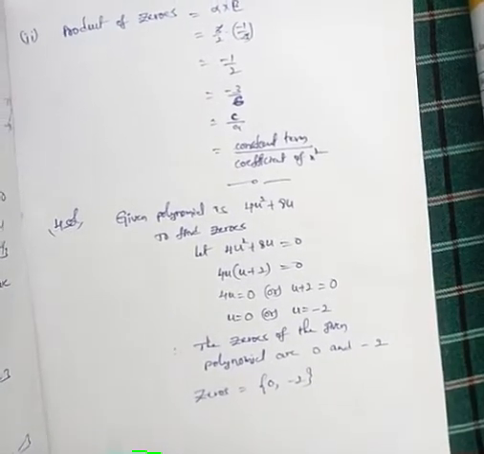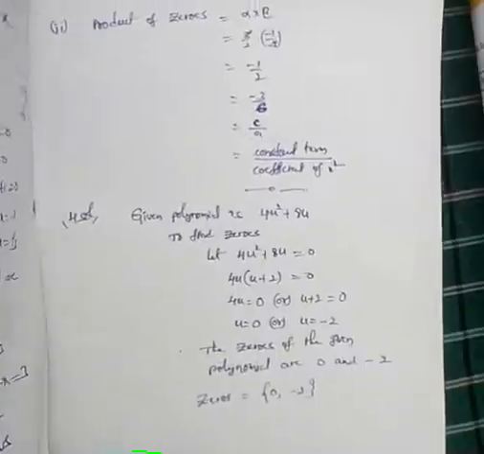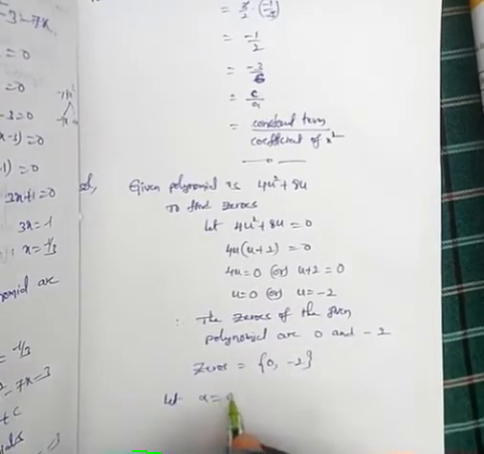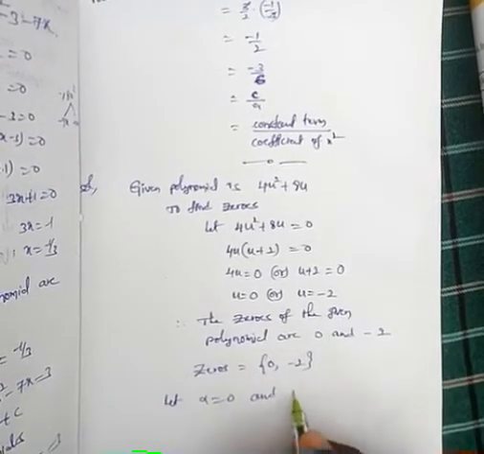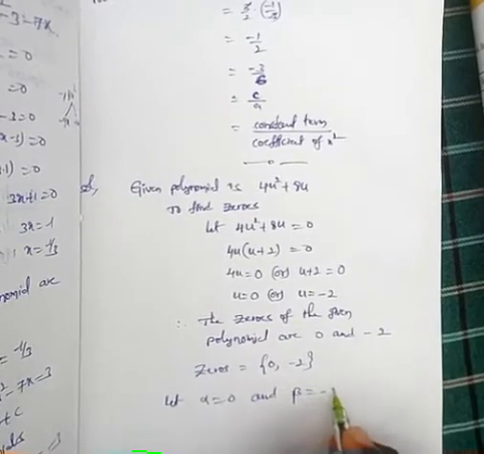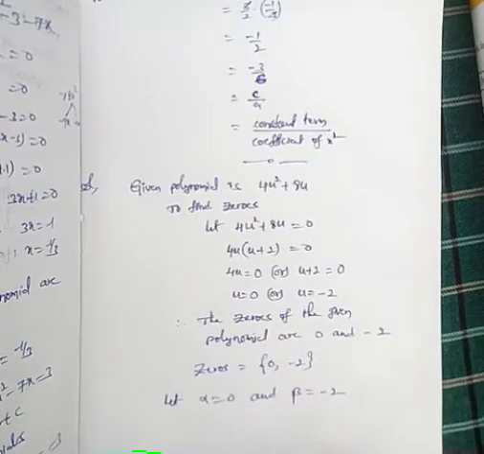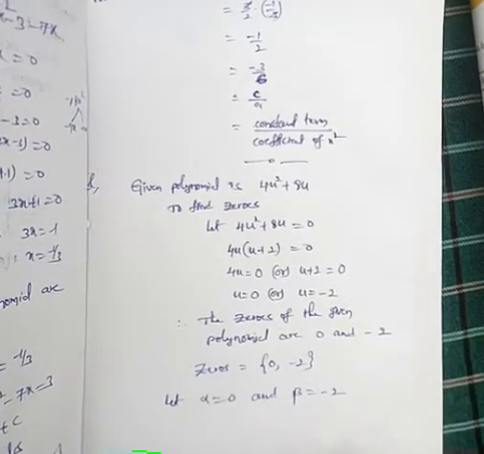Children, let name them as alpha and beta. That is, let alpha equal to 0 and beta equal to minus 2. Now we are going to verify the relationship between the zeros and the coefficients.